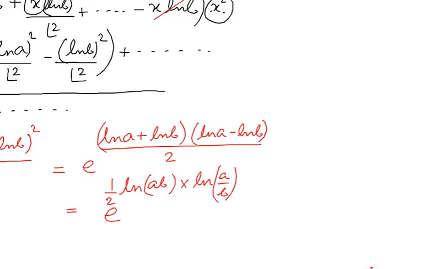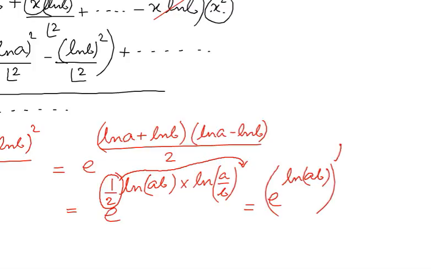so we can make it much more compact. We can take this half to be transferred to the power of a by b, so it can be written as e to the power ln ab to the power ln of root a by b, and e to the power ln ab is nothing but ab, so it is ab to the power ln root a by b.